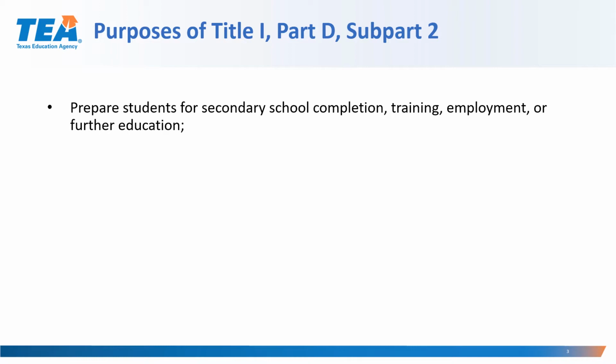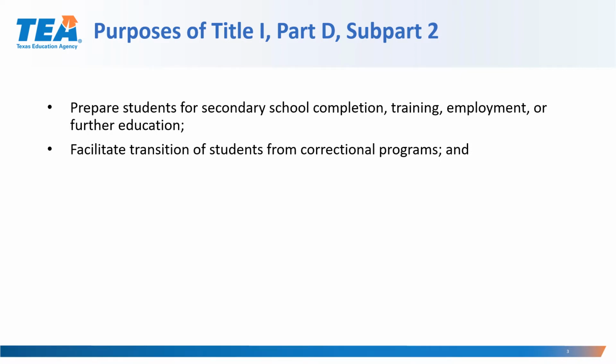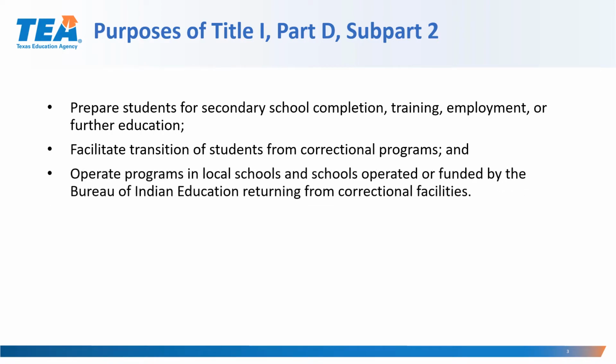The funds must be used to carry out high-quality education programs to prepare children and youth for secondary school completion, training, employment, or further education; to provide activities to facilitate the transition of such children and youth from the correctional program to further education or employment; and to operate programs in local schools, including schools operated or funded by the Bureau of Indian Education, for children and youth returning from correctional facilities, and programs which may serve at-risk children and youth.